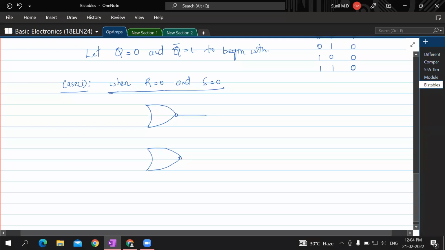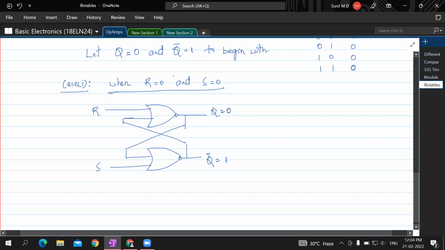You have outputs, and the outputs will come back as inputs like this. Here are your R and S, Q with R, and Q bar with S.